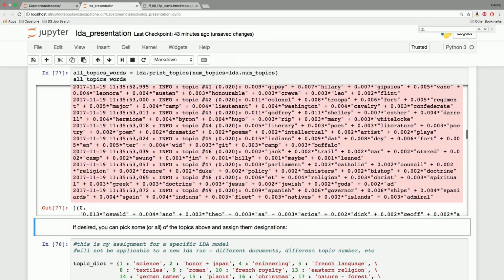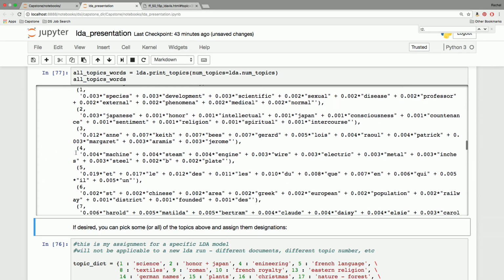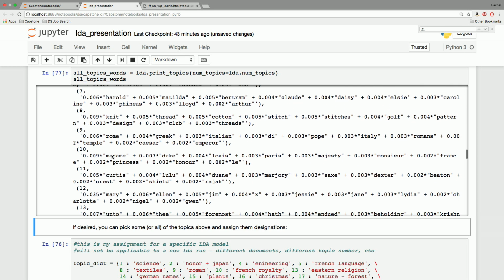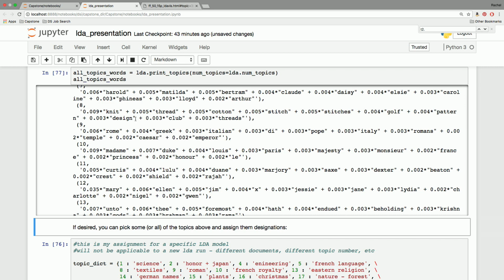We've asked our LDA model, hey, what topics do you have? And our LDA model says, well, I've got a bunch of topics. I have one topic here that includes words like species, development, scientific, another that includes words like machines, steam, engines, kind of engineering words here. We have a topic that includes words like knit, thread, cotton. So LDA has taken all of these terms and realized that they occur together in documents.